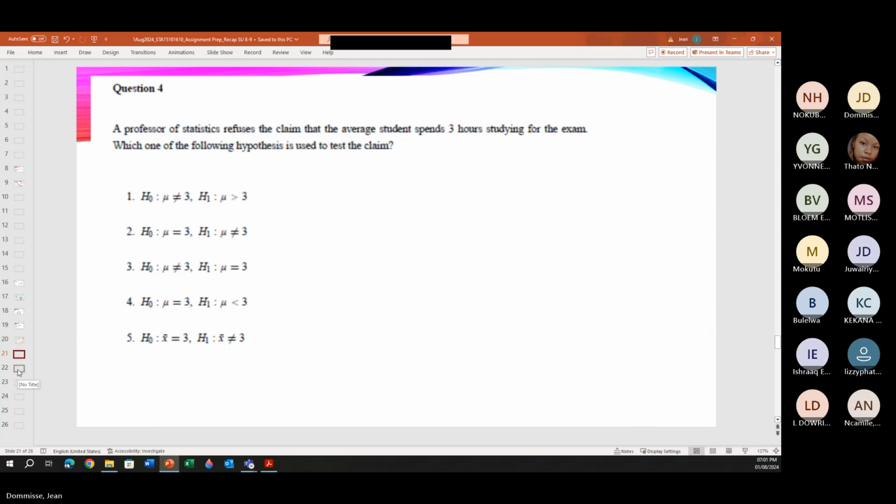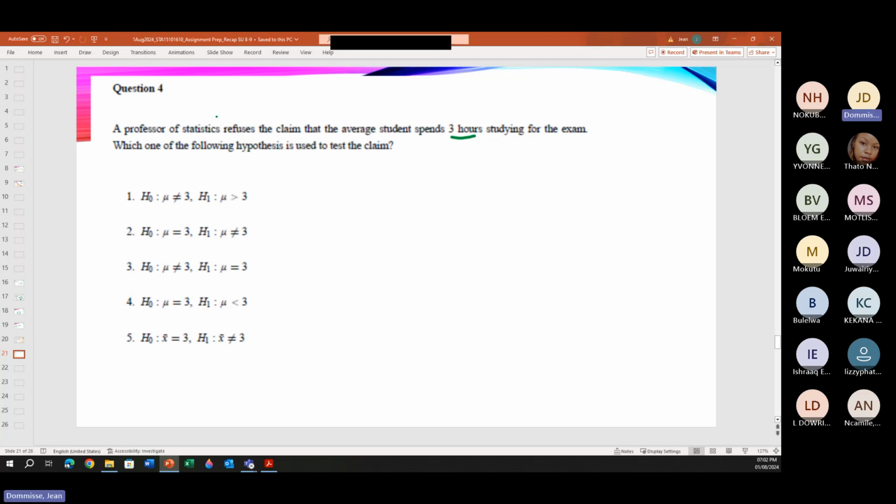Okay, then just a last one. I know we did this earlier in one of the assignments or in one of our sessions. So I just wanted to repeat something like this, so that we get the understanding around the null hypothesis and the alternative. The professor of statistics refutes the claim that the average student spends 3 hours studying for the exam.